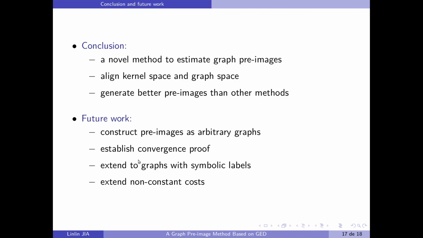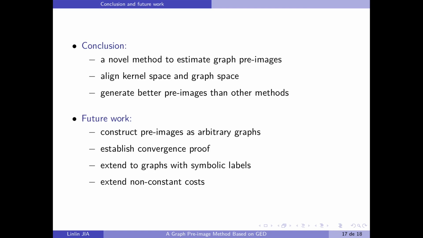So, in conclusion, in this work we proposed a novel method to estimate graph pre-images by aligning kernel space and graph space using a matrix learning method. The experiments show that our method generates better pre-images than other methods.